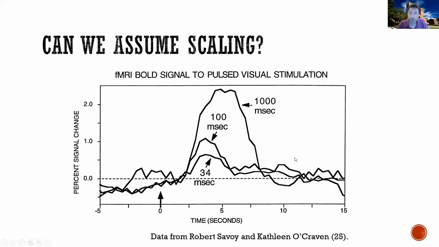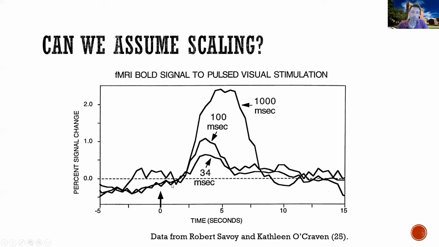If that were the case, then the response to 100 milliseconds would have to be exactly 3 times the response to 34 milliseconds, right? If it scales linearly, the response to seeing 100 milliseconds of visual stimulation should be exactly 3 times the response to 34 milliseconds. But if you look at them, they scale, but they don't seem to scale very linearly.